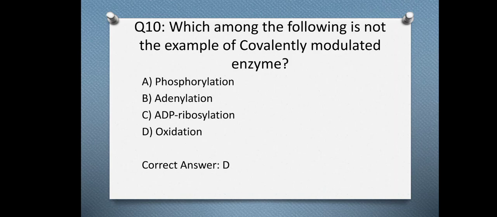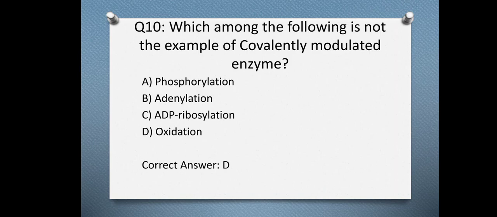Phosphorylation, adenylation, ADP ribosylation, and methylation are examples of covalently modulated enzymes. In this, the second enzyme makes changes, some addition or deletion, in the main enzyme, and the enzyme reaction is carried out.